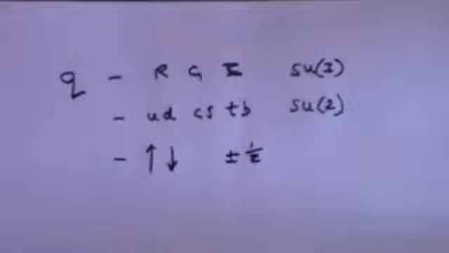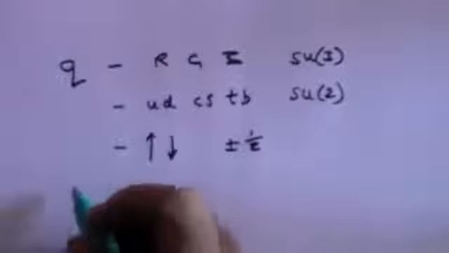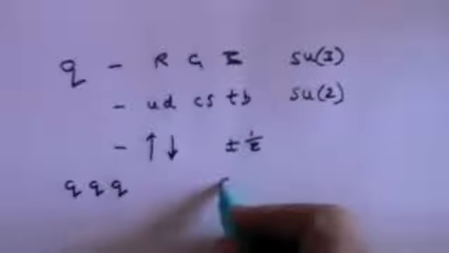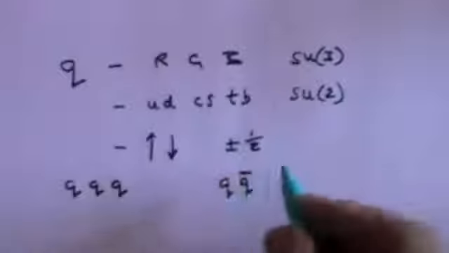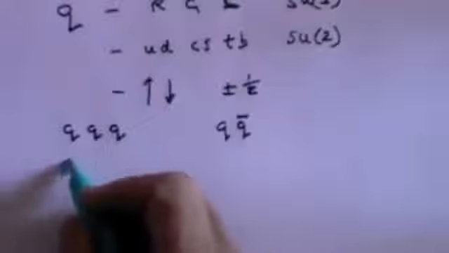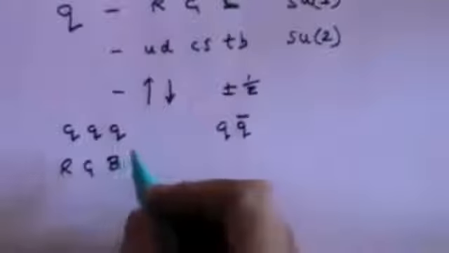We know that quarks can never be isolated. They are always confined in groups, and I showed you why in the last video. And what we find in nature is that quarks either come in sets of three, quark, quark, quark, or in sets of two, quark and antiquark. Whenever you have three quarks, you always have one of each colour: red, green and blue.